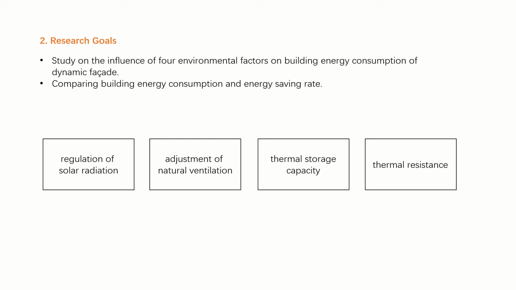Thirdly, materials with good thermal storage capacity reduce indoor temperature fluctuations caused by changes in external temperature, which minimizes the downtime of air conditioning. Finally, by controlling the thermal resistance of the skin, the heat transfer capacity of it will vary with the external environment, which also reduces the time of using the air conditioner. In a nutshell, we can improve indoor comfort by controlling these 4 factors.